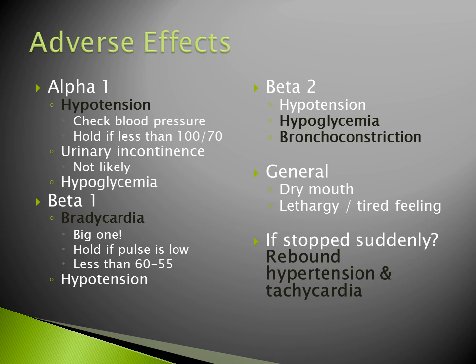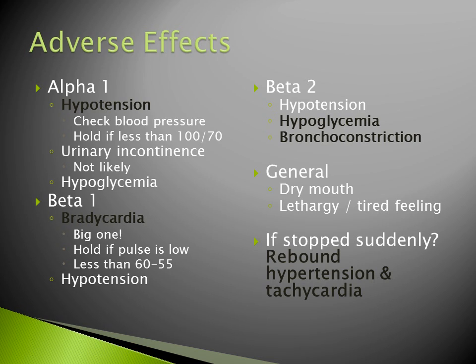So going on to your adverse effects, I've got this kind of delineated out to the different receptors. Blocking all of these receptors causes hypotension. So that's your first fill in the blank, is hypotension. For this reason, you always need to check their blood pressure, and the rule of thumb is if it's less than 100/70 to hold it.